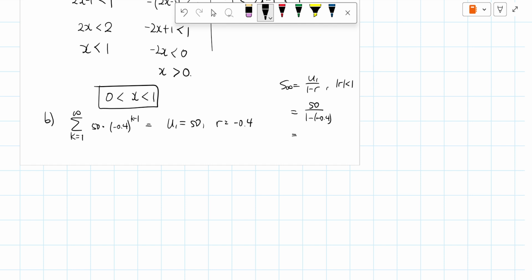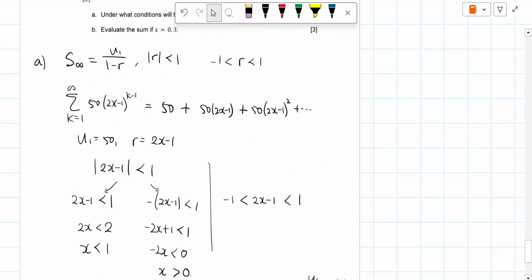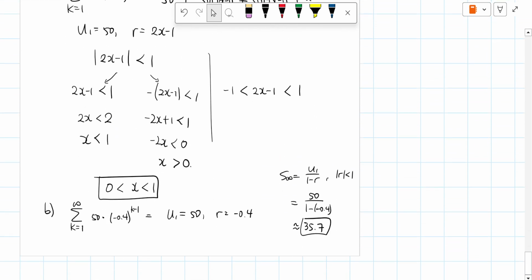So 50 divided by 1.4 is approximately 35.7. That would be my final answer: the sum of the series when x is equal to 0.3 is approximately 35.7.